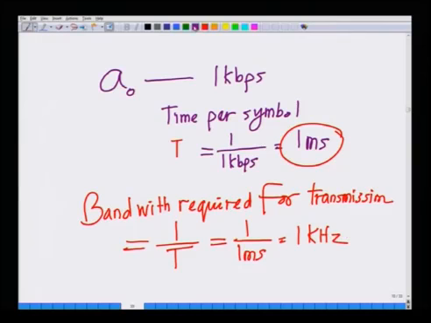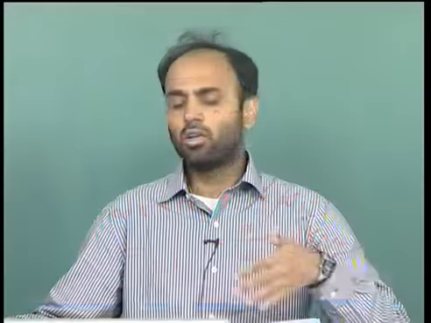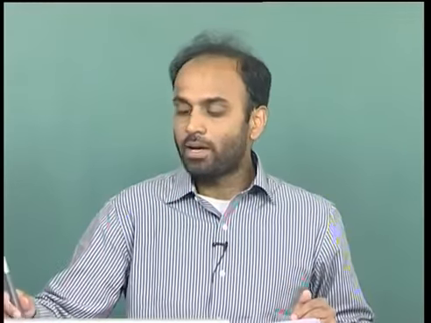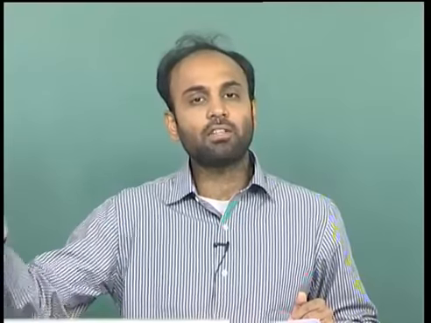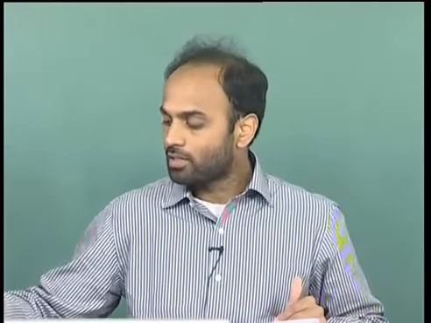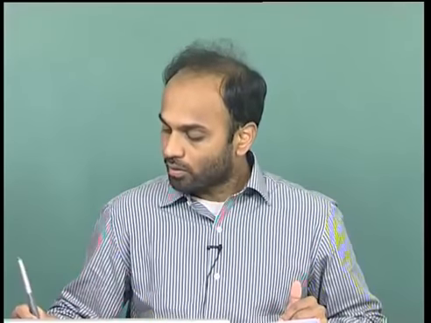So, roughly speaking, if I have to transmit symbols at the rate 1 kilobit per second or 1 kilo symbol per second, I need a time of 1 millisecond per symbol, which means I need a bandwidth of the channel which is 1 kilohertz. Okay. So, that is what we have without CDMA.